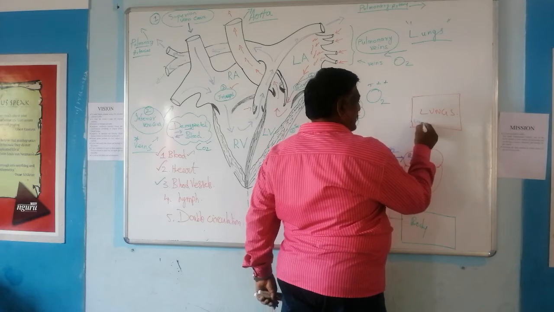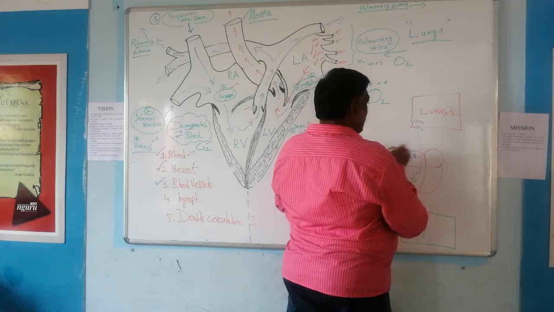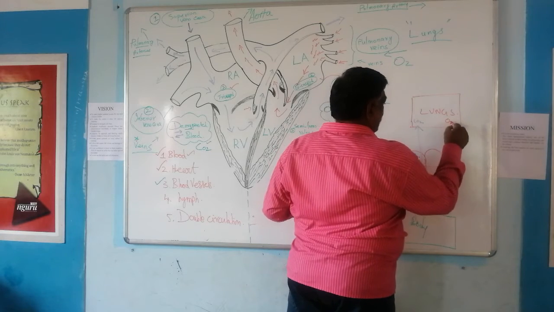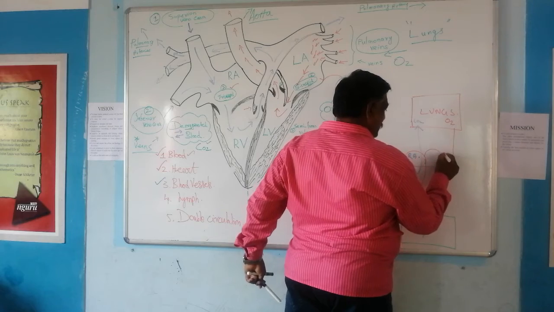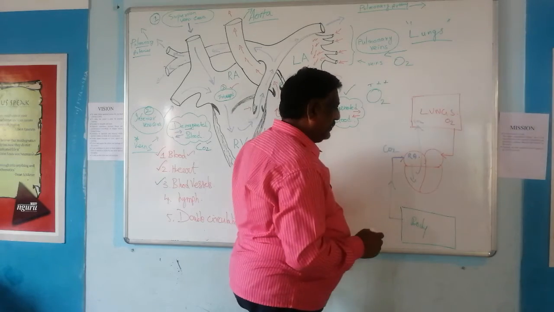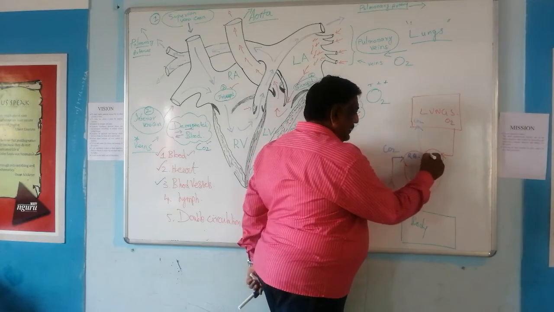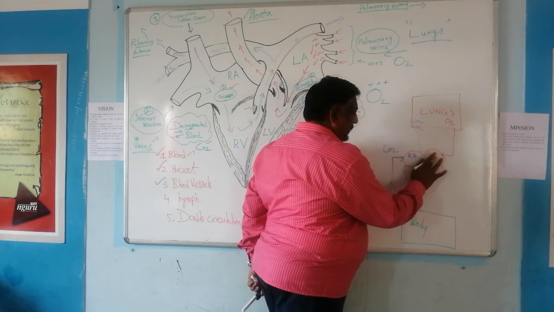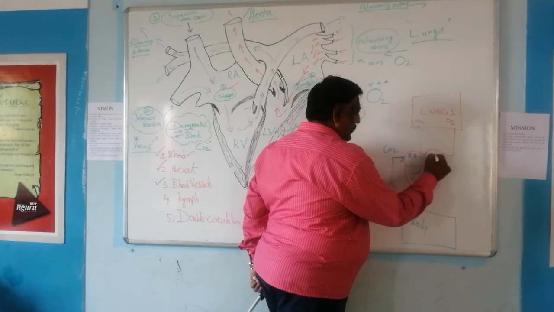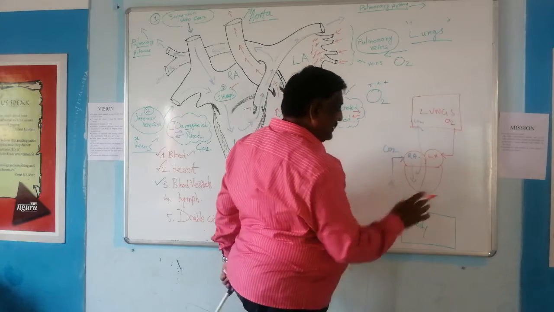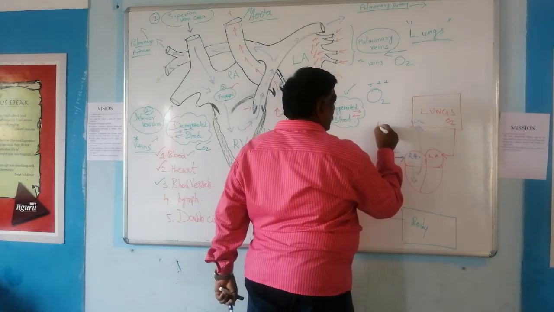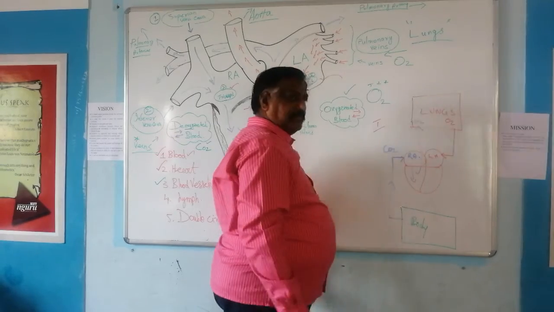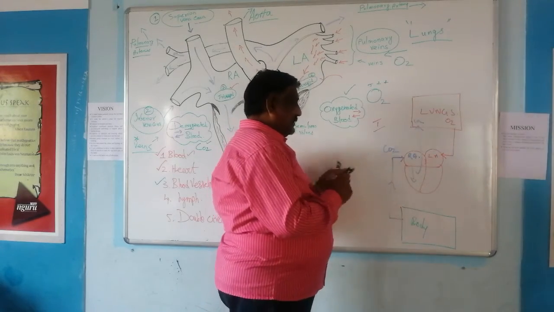So carbon dioxide reaches here. What happens here? Exchange of gases takes place. And from here, this blood comes to the left auricle. Now once circulation is over, body to the heart, heart to the lung, this is circulation 1. Now the second circulation starts.